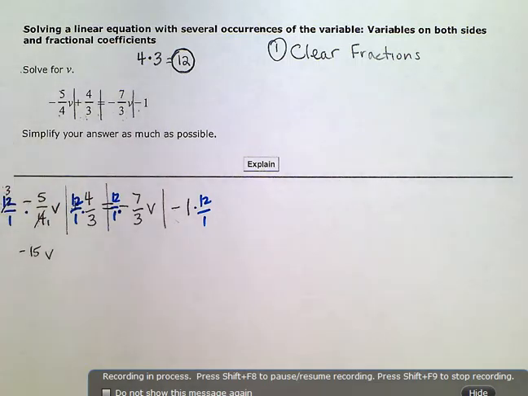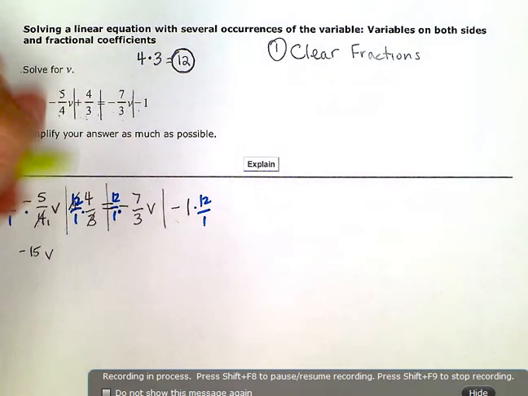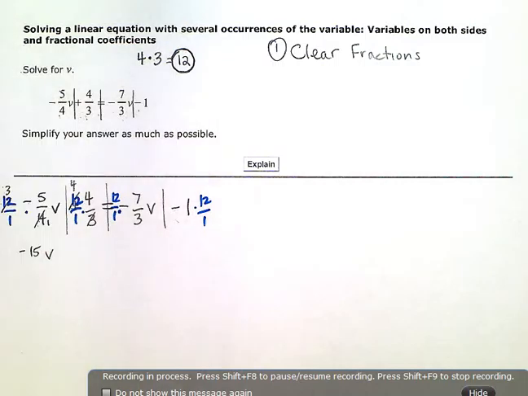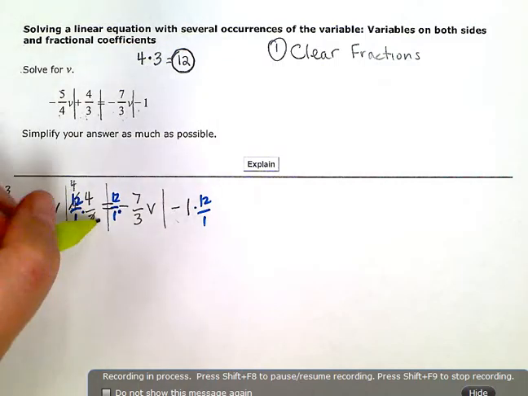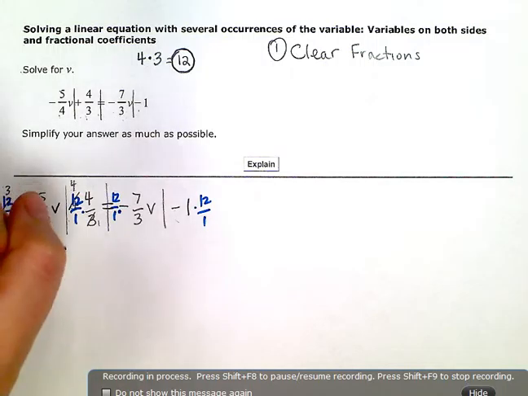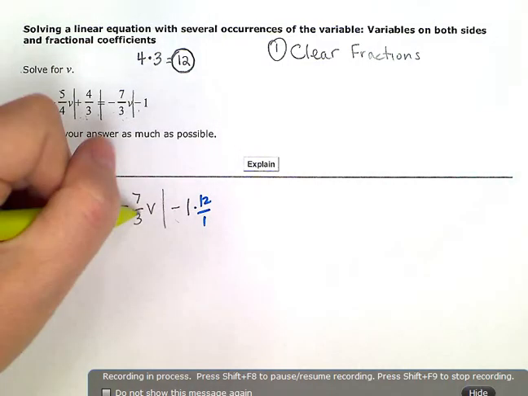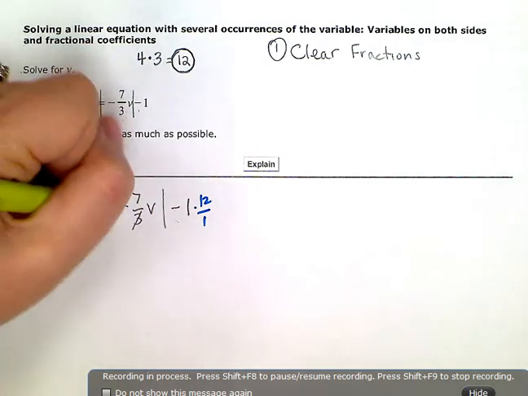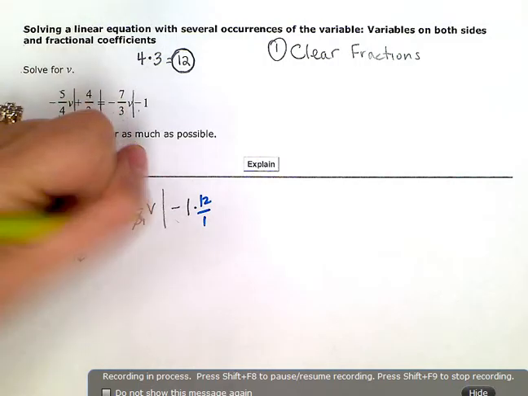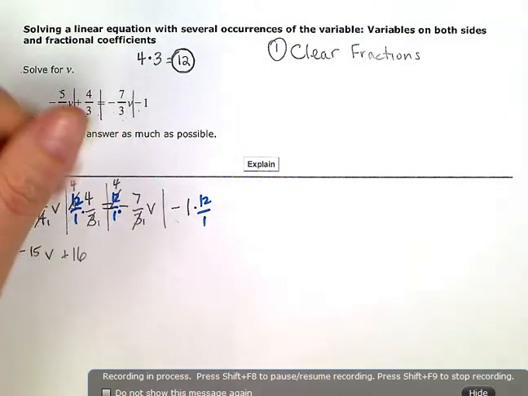I don't need to put the over 1. Now here, 3 goes into 12 4 times. So in the numerators, I have 4 times 4, which is 16, over 1 times 1. So this is plus 16. Here, the 3 will go into 12 4 times, into itself once. 4 times 7 is 28.